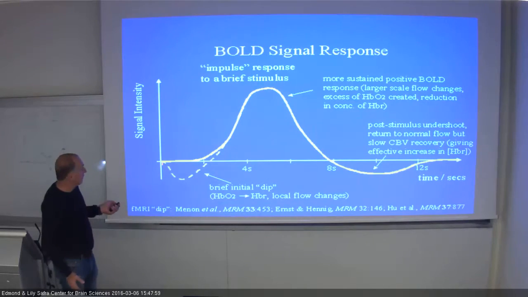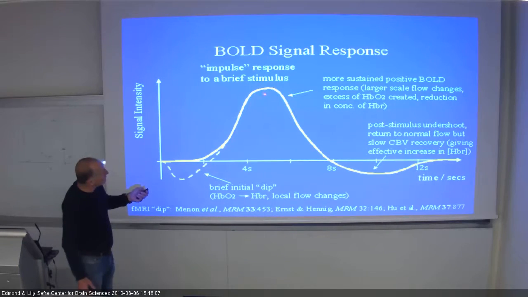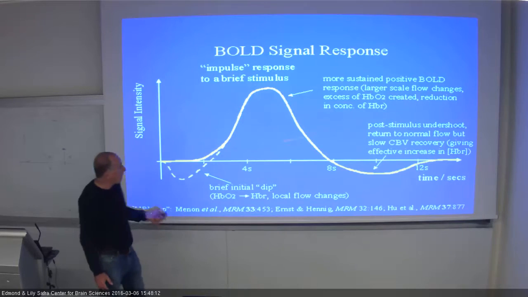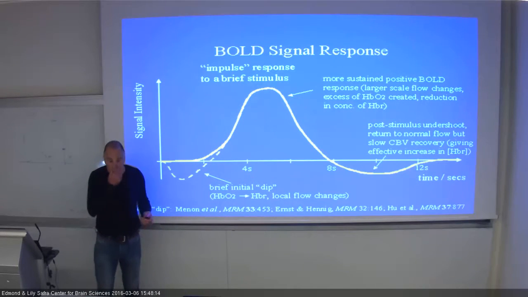But the BOLD signal is delayed by a few seconds, typically 3 to 4 seconds. It kicks in by 2 seconds and reaches its peak at about 5 seconds, then it drops. So it's a sluggish response.